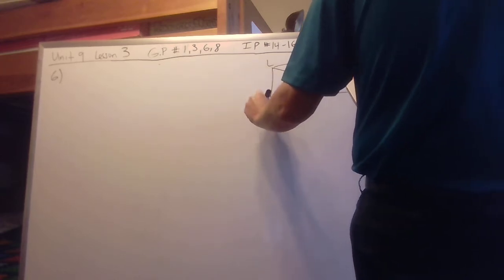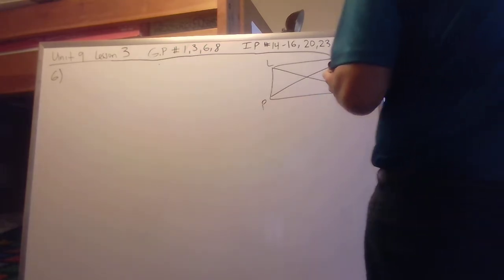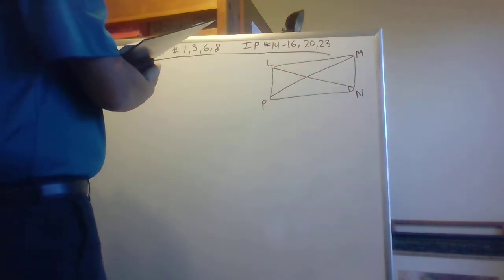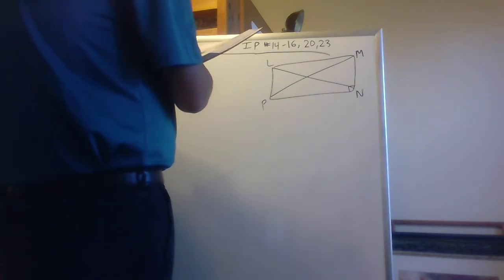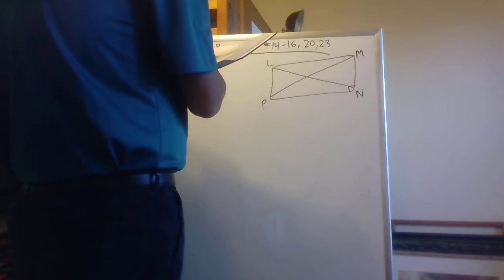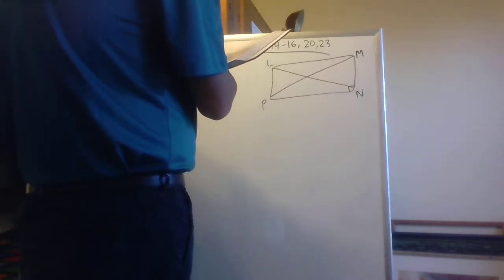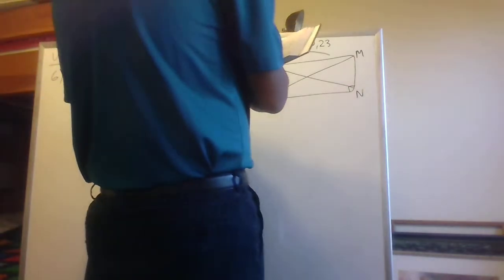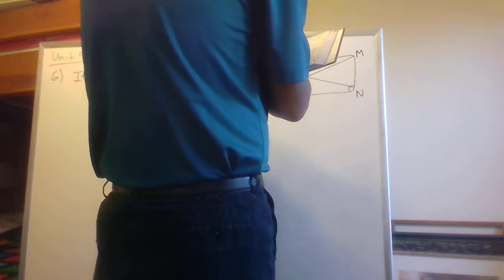There's also a 90-degree angle symbol, and the problem says if MN equals 5x plus 2 and LP equals 4x minus 3, find MN.